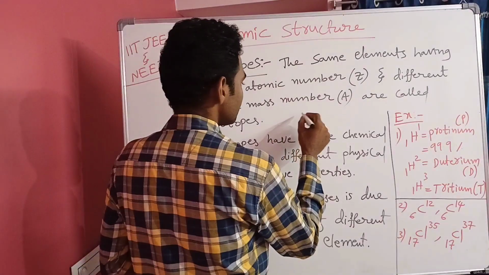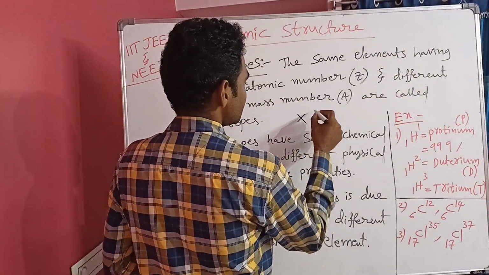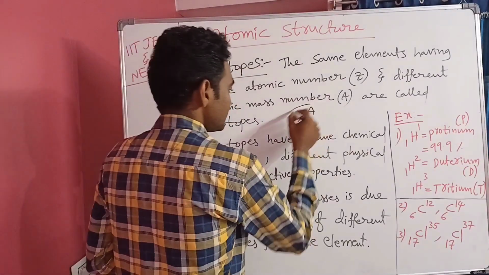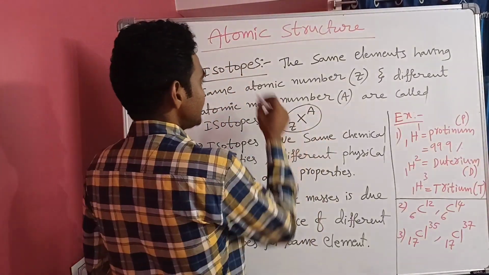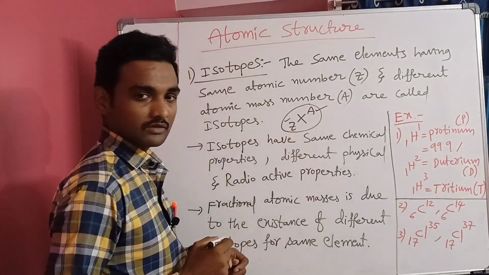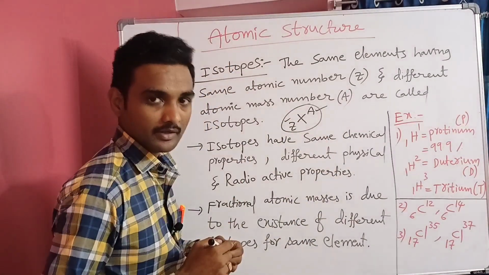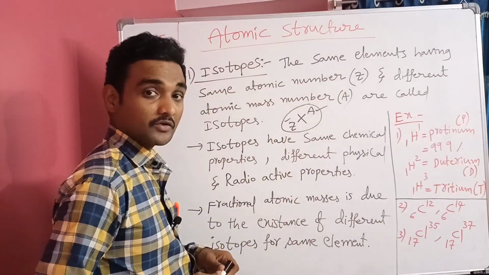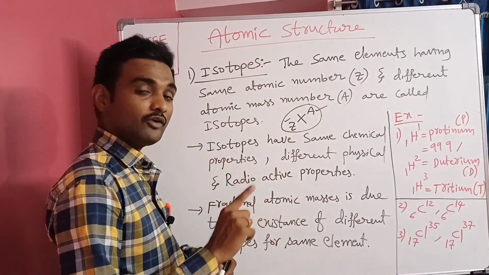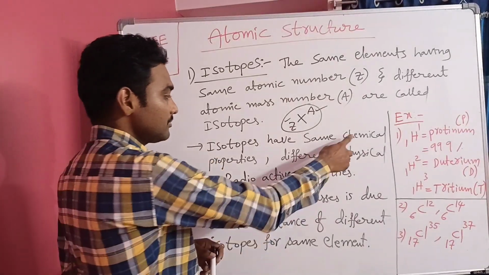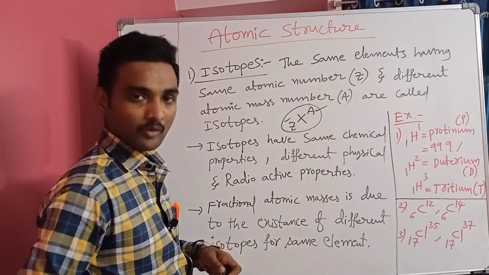See, for example, it is a representation of an atom. In this atom, isotopes have the same Z value but different A values. Those are called isotopes. Remember, okay. Isotopes have the same chemical properties but different physical and radioactive properties. This is very, very important. Okay, same chemical properties, different physical and radioactive properties.